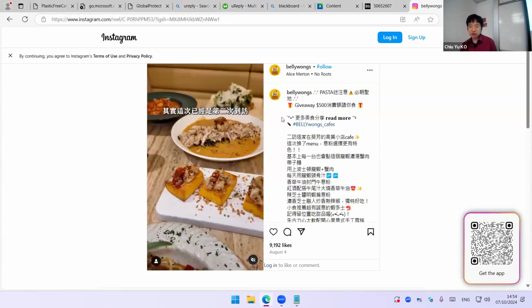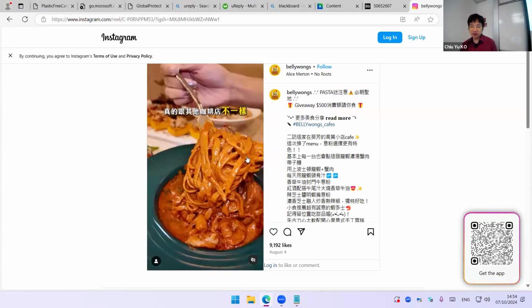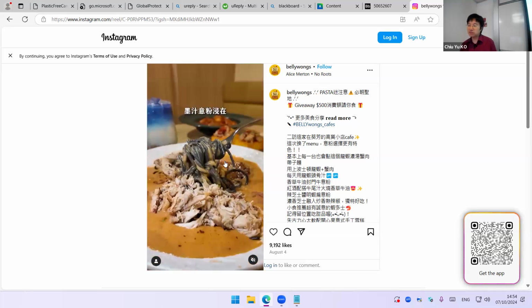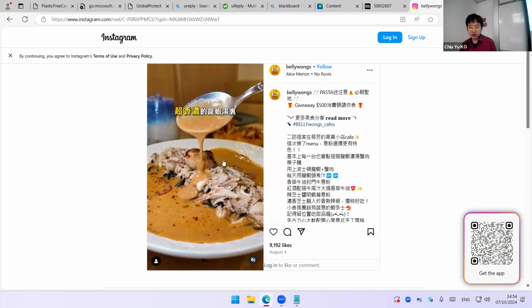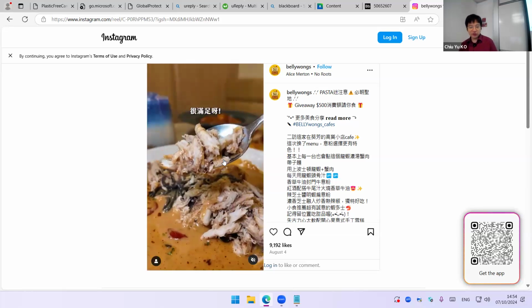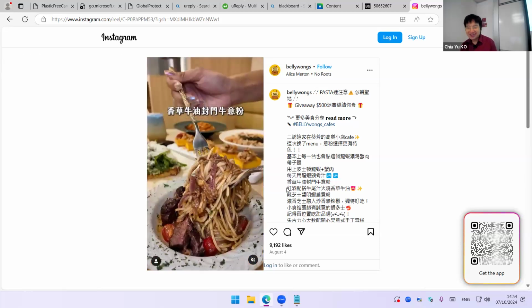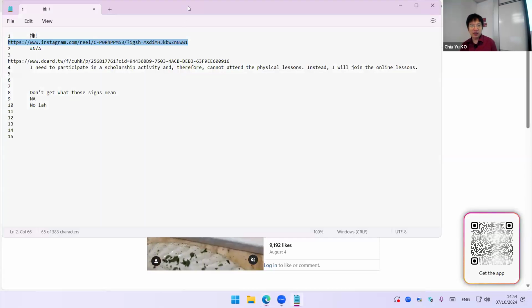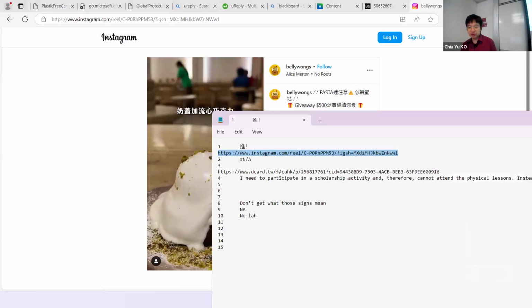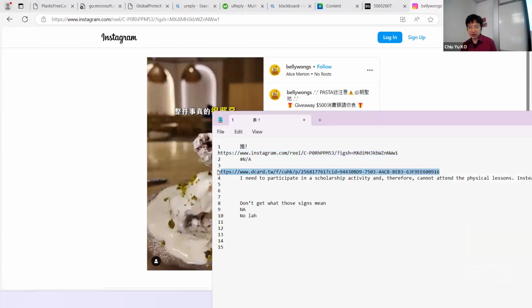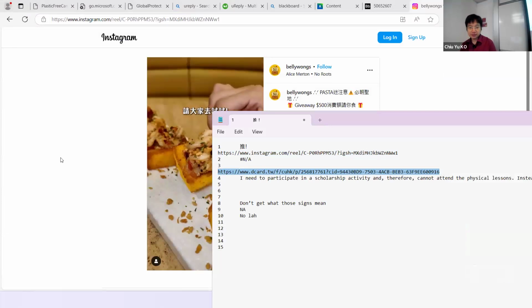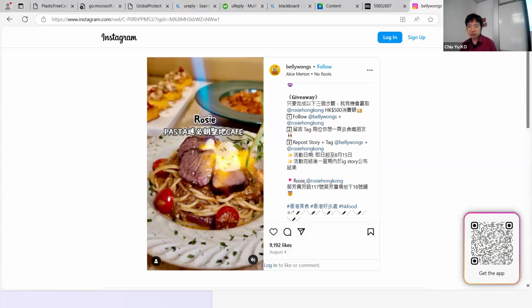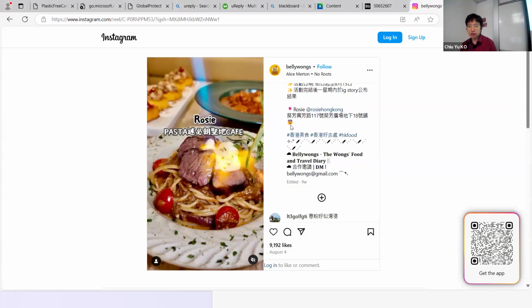Wow, this is very nice. I haven't been there, but someone recommended some nice food. I guess seeing nice food makes you happier. Someone suggests this restaurant. Good luck with that. It didn't say where.